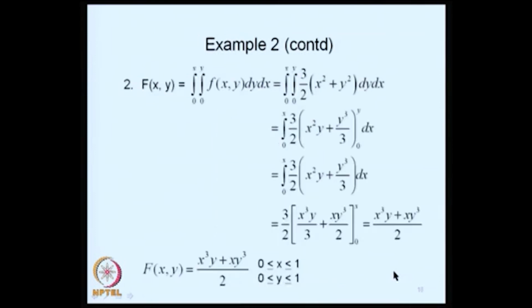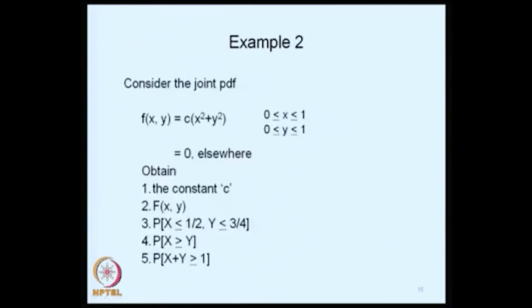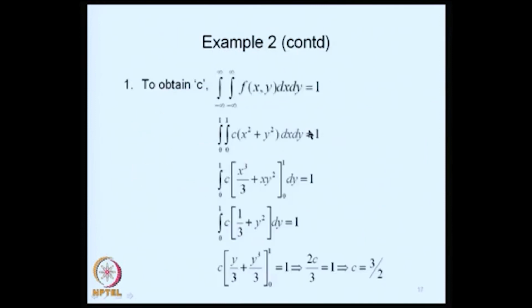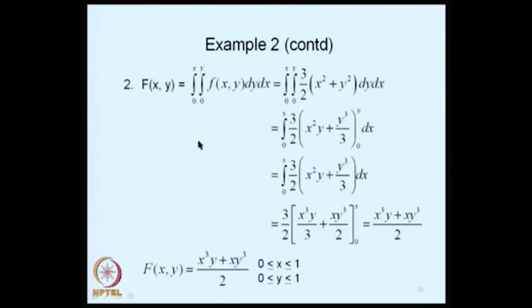Then let us see how we get the joint CDF from this. Because x goes from 0 to 1 and y goes from 0 to 1, your lower limits for the integration will be 0 in both cases, x as well as y. So, first we will vary y and then vary x.